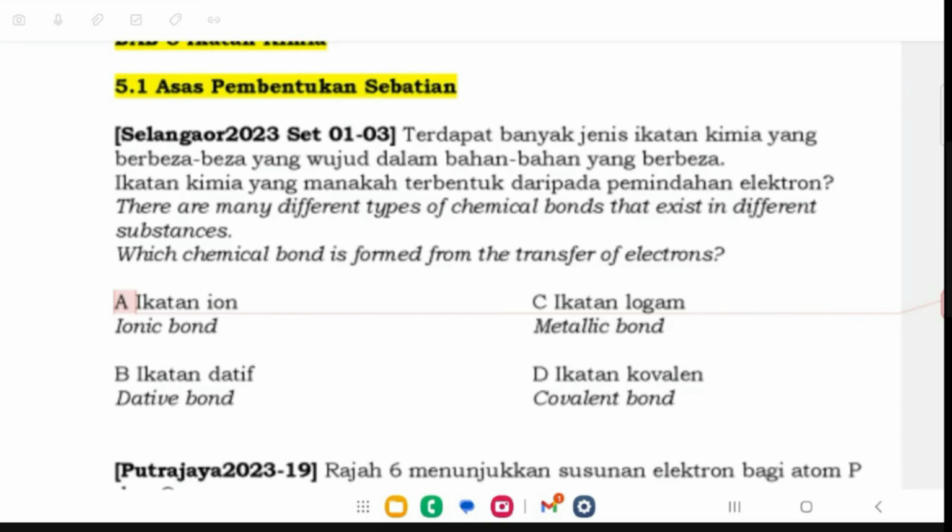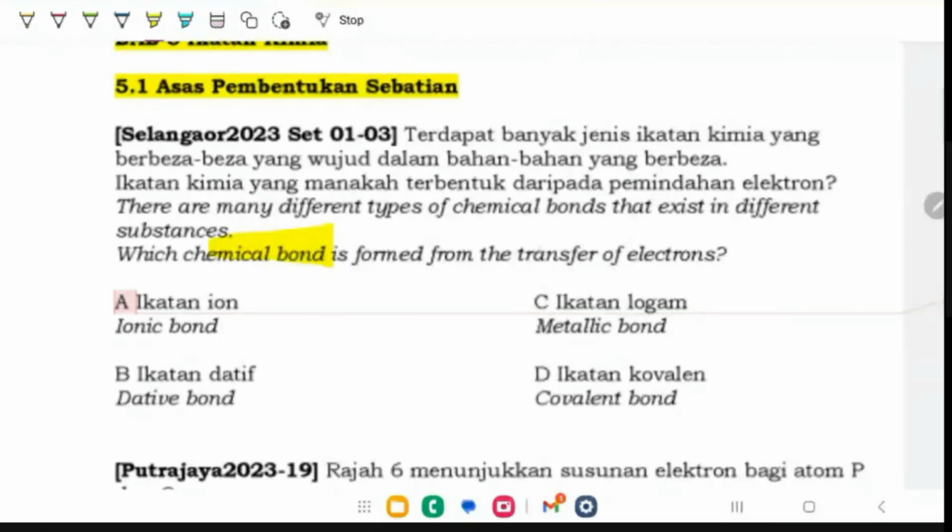There are many different types of chemical bonds that exist for different substances. So what is the chemical bond that forms through the transfer of electrons?